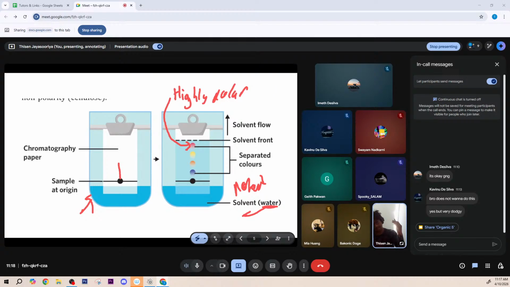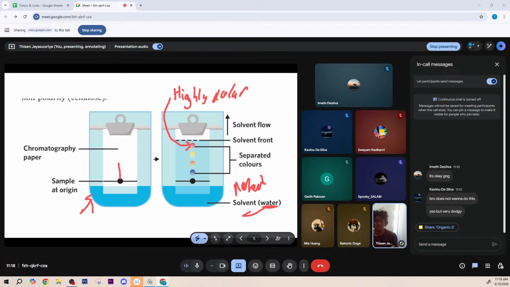If something adheres more to the mobile phase, it's more likely to dissolve in the solvent than into what makes up the stationary phase. It will still go into the stationary phase, but it will also go out. The stationary phase is the not moving, the mobile phase is the moving.